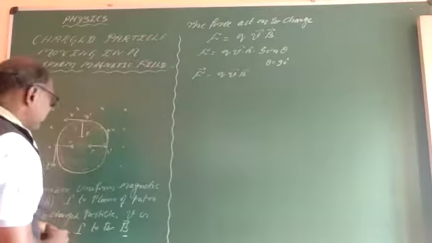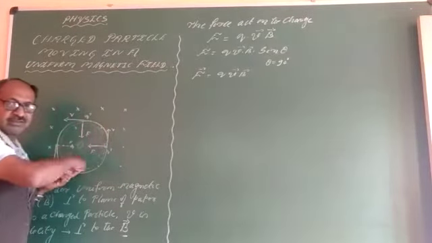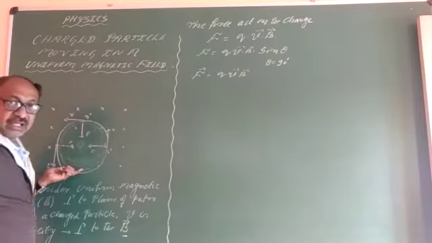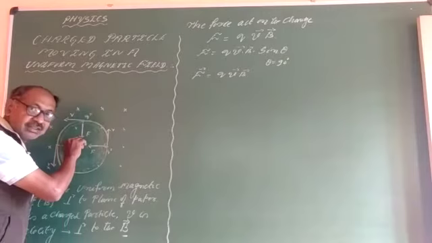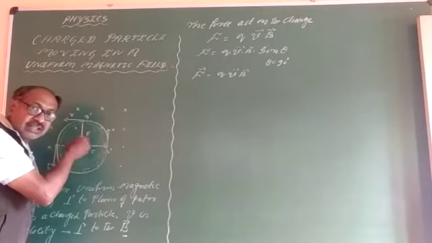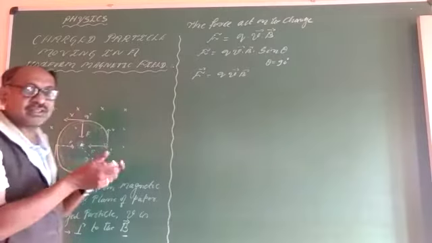Now, let us consider this. Whenever it starts rotating in circular paths, there is a force acting towards the center, with a certain radius. R is considered as the radius.